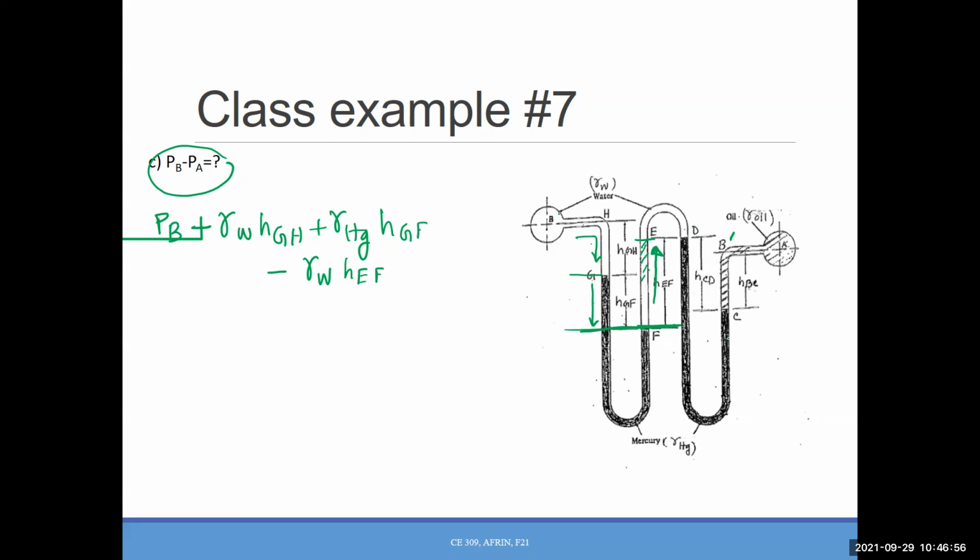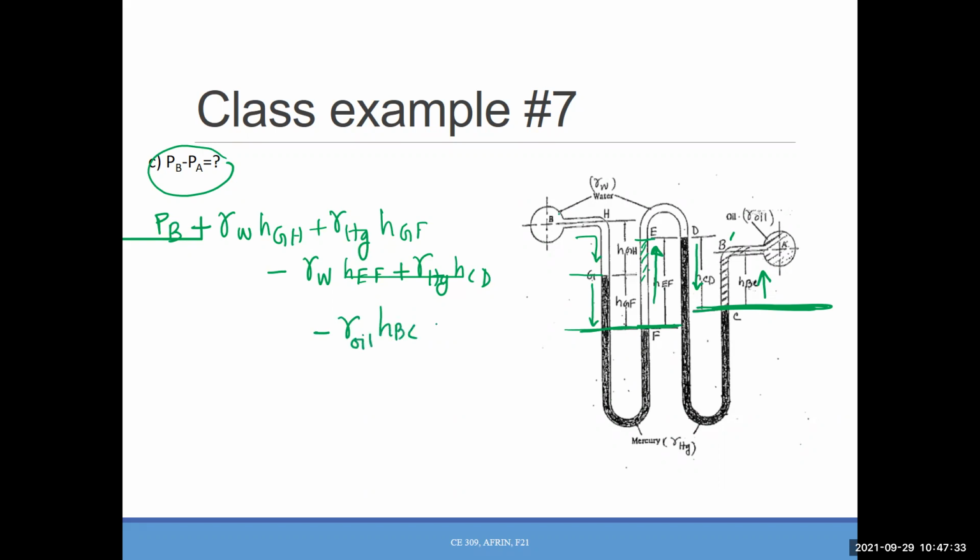So from D, the next interface is C. From D it is downward, so positive, and the fluid will be mercury, HCl, right? Okay, now you are here. I need to move up to this point, so minus. This time, what will be the liquid?